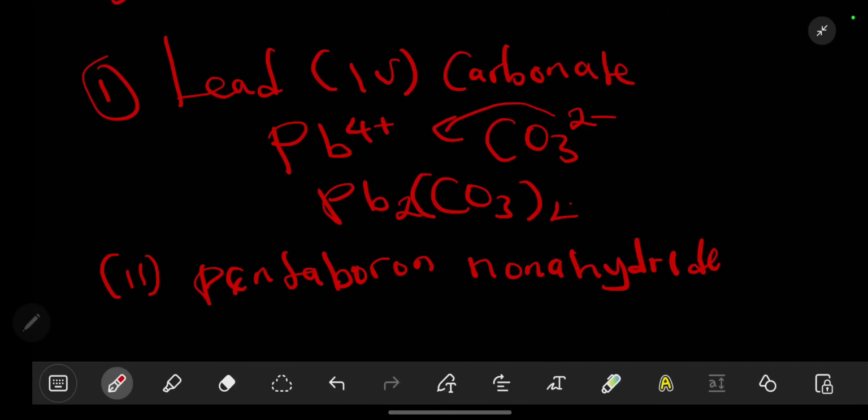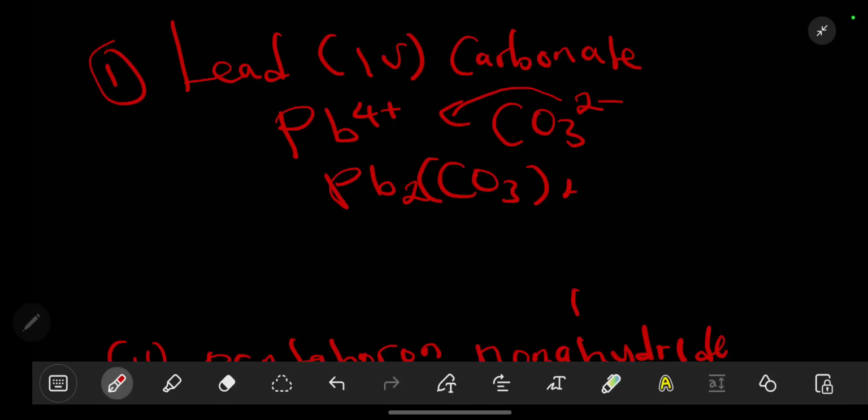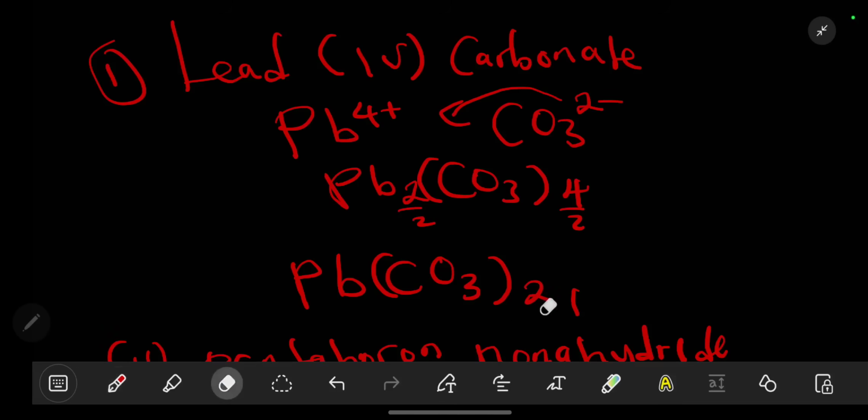Then we divide through by 2 to make it Pb(CO3)2. So this is what they want us to write. This is the answer for that one.